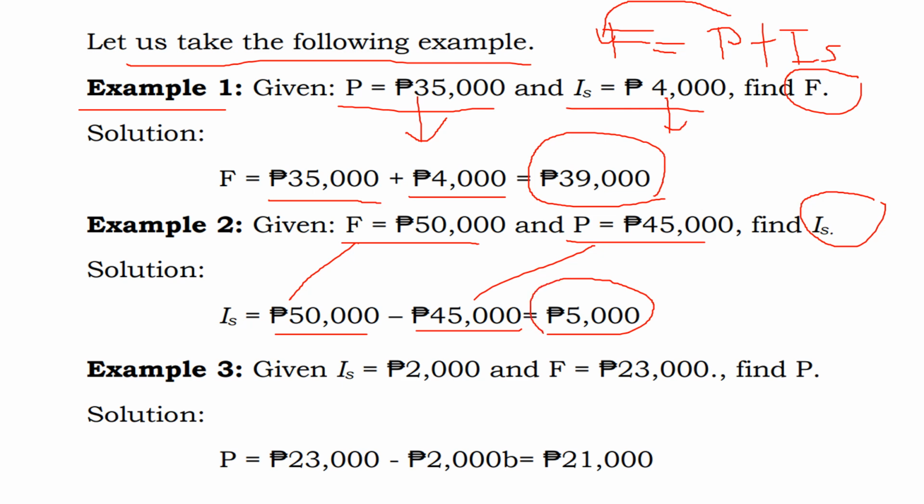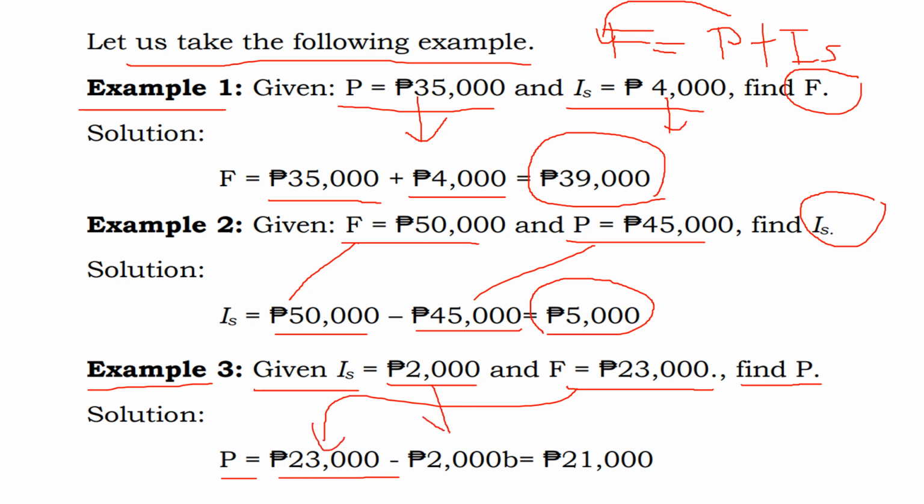Now for example number 3, given your IS is equal to 2,000 pesos and your F is 23,000 pesos, find P. So your 23,000 pesos will be your F, minus your 2,000.